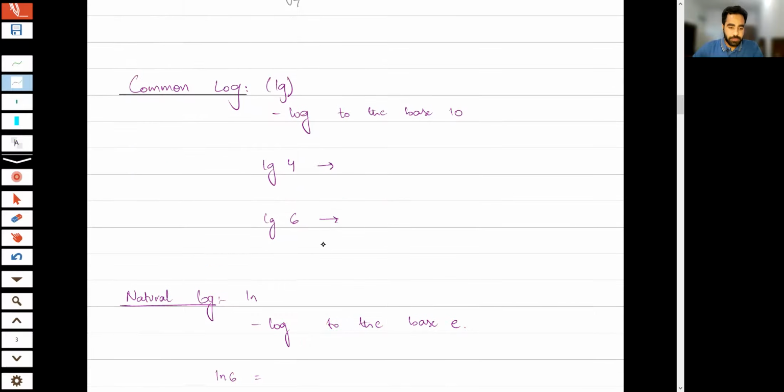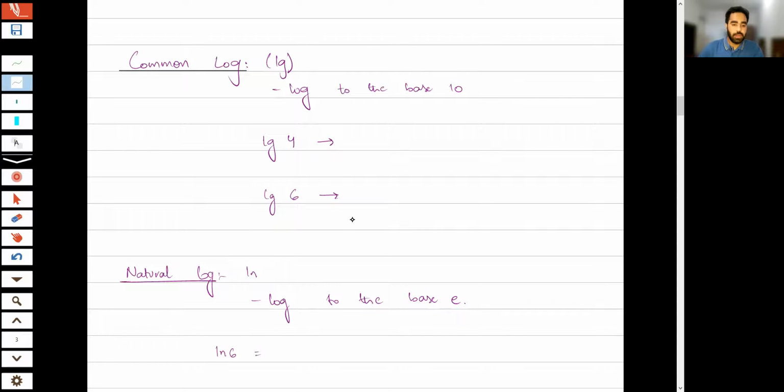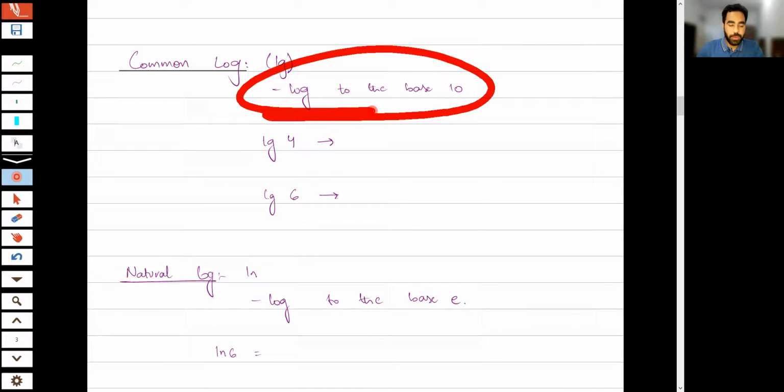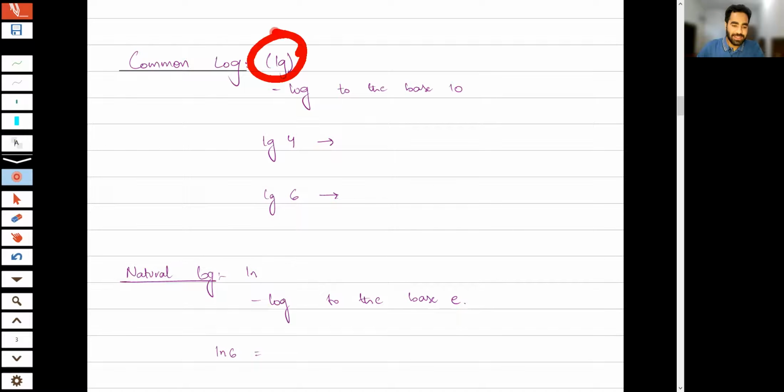ठीक है, common log क्या होता है? Common log is log to the base 10. We're going to represent the common log as LG. So if I have LG4, इसका मतलब है कि I can write that as log 4 to the base 10. If I have LG6, I can write that as log 6 to the base 10. I'm writing this just for explanation.